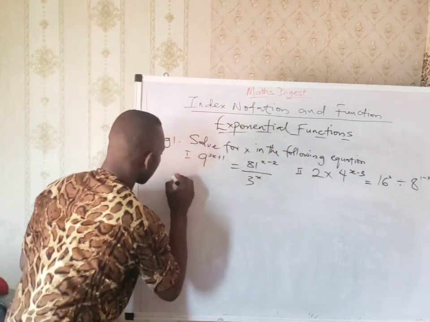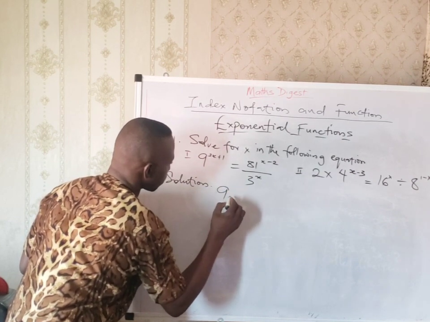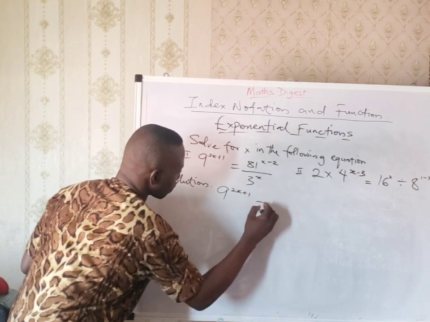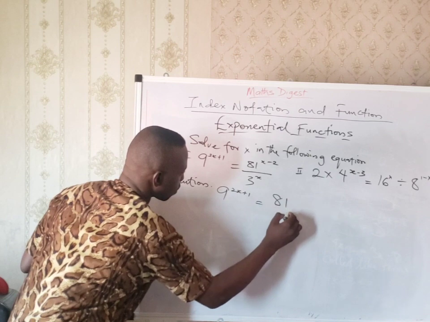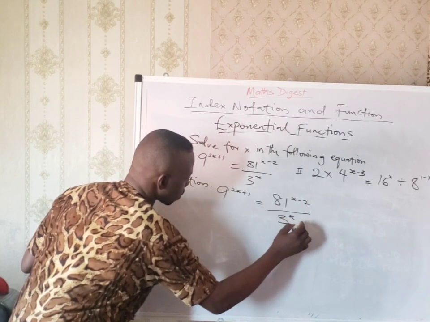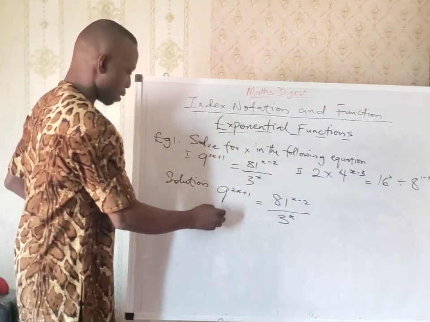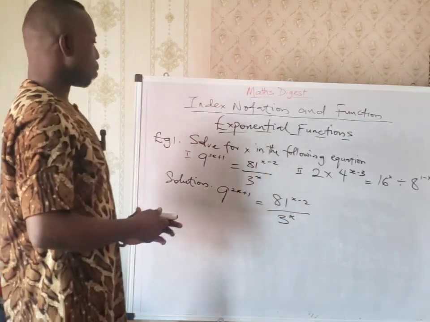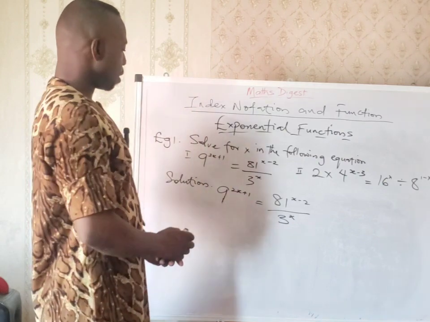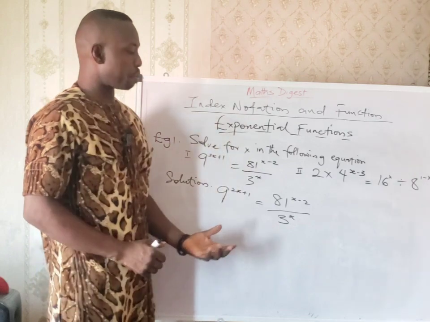Solution. Okay, on this now, this is 9. All right, on this, remember what we said in exponential function. When you have such a case like this, what you need to do is to reduce it to a common base.